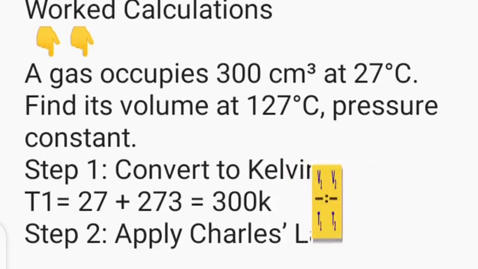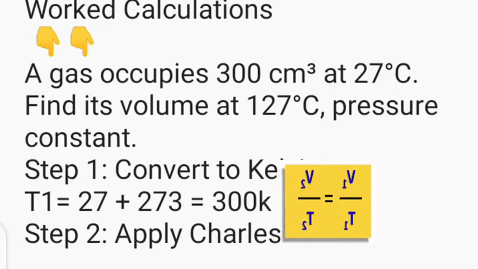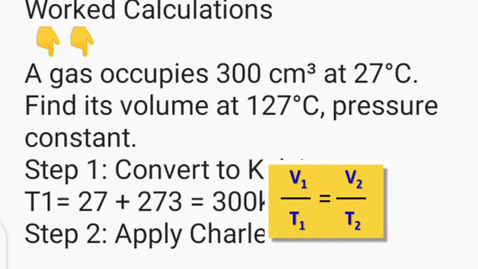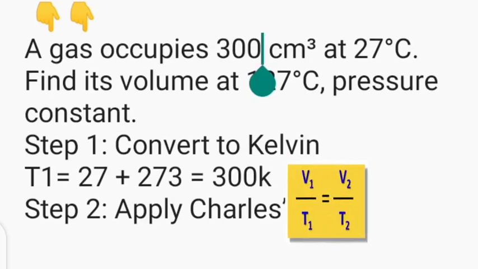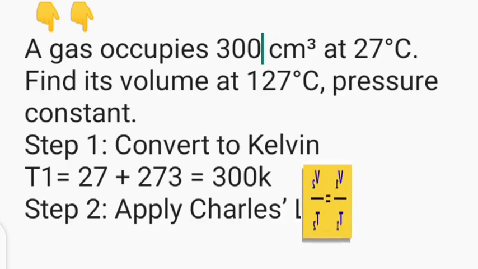Now for the sake of calculations, let's look at this worked example. A gas occupies 300 cm3 at 27 degrees Celsius. Find the volume at 127 degrees Celsius when pressure is constant. In this kind of question, a lot of information is given. They said a gas occupies 300 cm3.